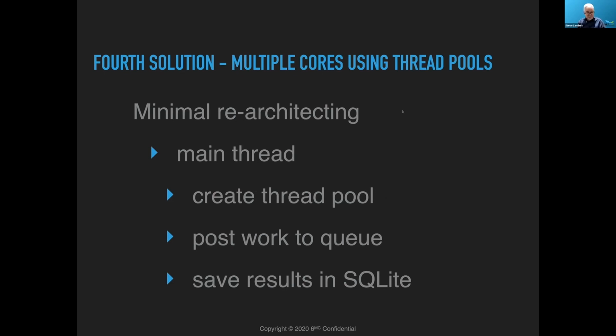This meant there was minimal re-architecting on my part. I just split the source code into two files, one for the main thread and one for the worker threads. The main thread, as I've indicated here, creates the thread pool, posts the work to the queue, waits for the results as each job completes, and then saves the results in SQLite.